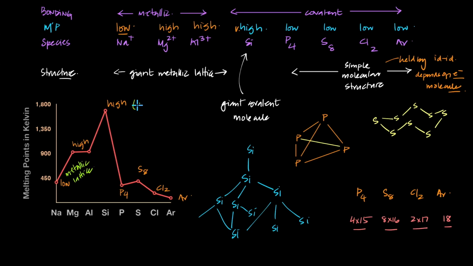Silicon is a giant molecule where you have to break covalent bonds, that's why it's very high. And then when you have simple molecules, you don't break covalent bonds, you overcome intermolecular forces which are weaker. So that's why there are lower melting points.